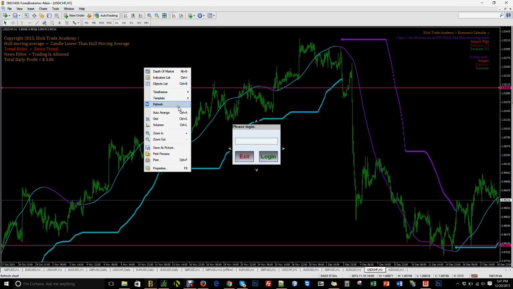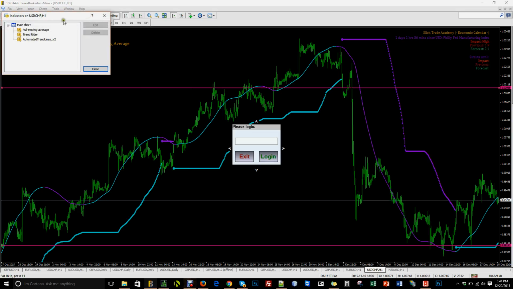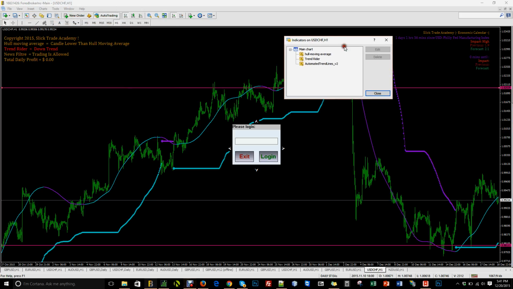If I go to my indicators list, I'm using a combination of three. There is the Hall Moving Average, which is the blue to purple line that kind of follows along price here. The trend rider, which is the dots, the blue and the purple dots, and the automated trend lines, V2, okay?